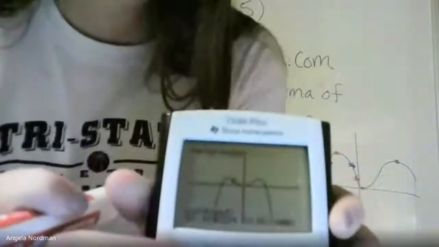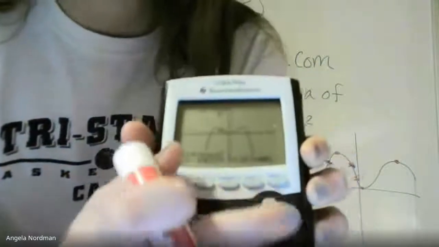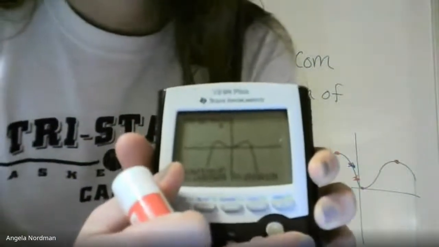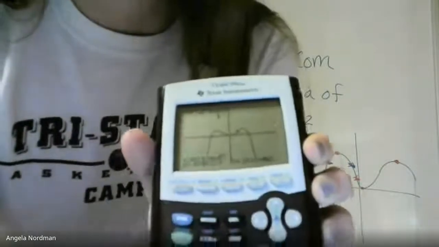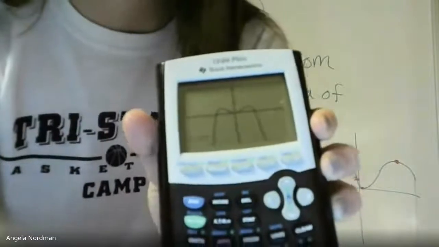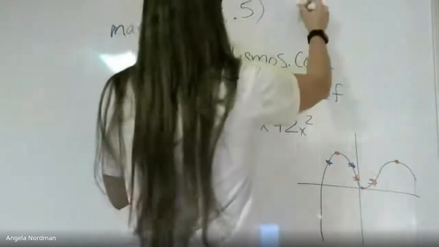So I take him down to just about right there and I hit enter. Now it tells me to go to the right of it. So I move him over to the right side. Right there is good. And I press enter. It tells me to guess again. Enter one more time. You see more coordinates pop up. So again, my spider should have been on the right and left side.